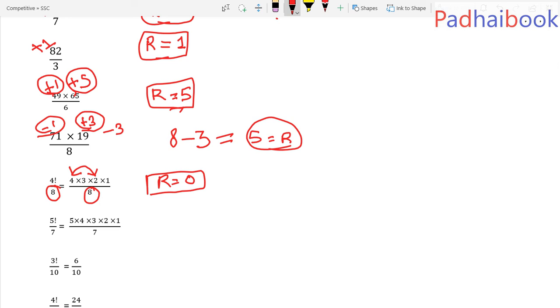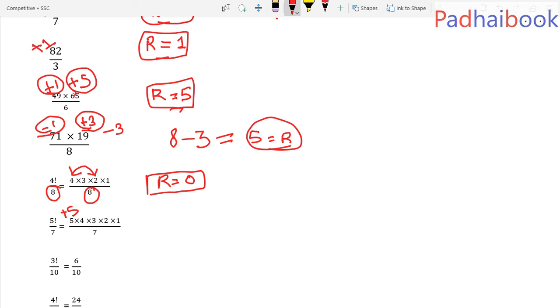Then the next example, 5 factorial by 7. There is actually no trick that you can use here. 5 multiplied by 4 multiplied by 3 multiplied by 2, and we cannot apply anything, because even if we try making the trick here, it will give us plus 5 plus 4 plus 3 only, and the result will be the same.